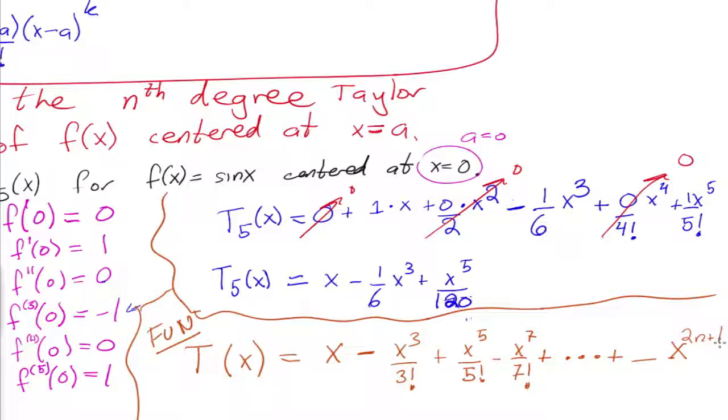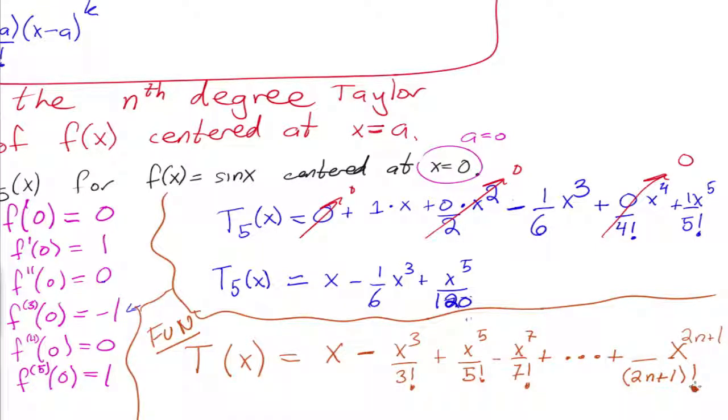When n is equal to 2, the exponent is 2 times 2 plus 1, which is 5. So it's always going to be odd. And what do you notice about the exponent and the denominator? They're always the same, so in the denominator I should have the same thing as the exponent, factorial.